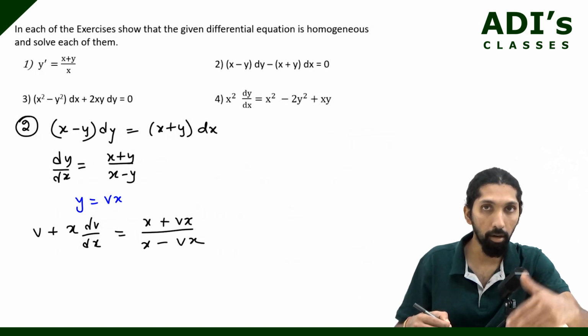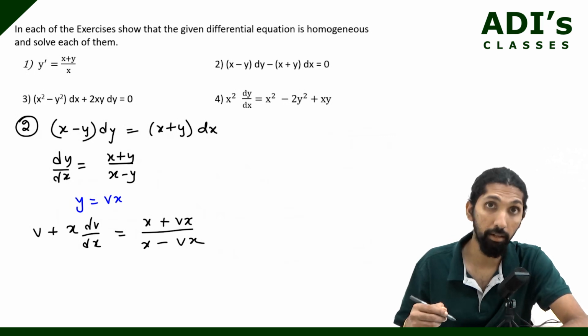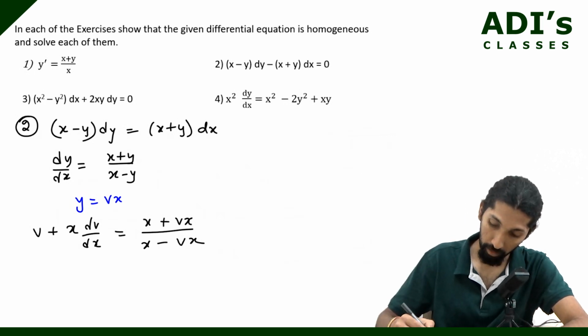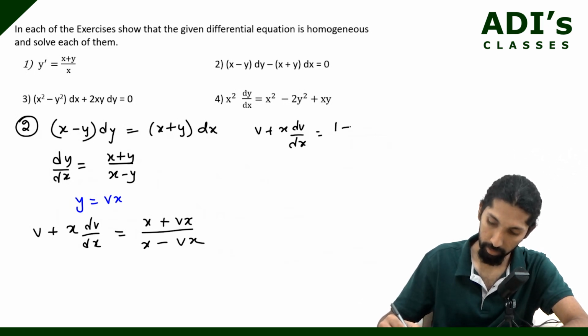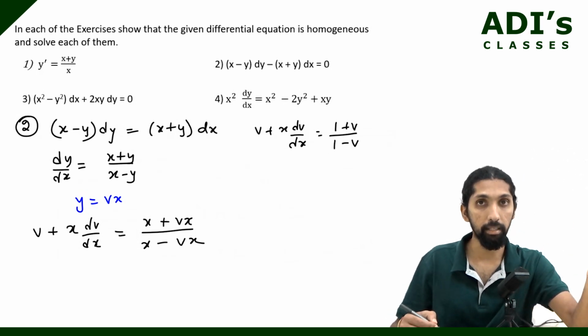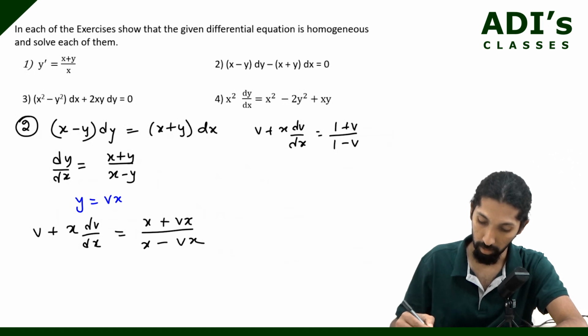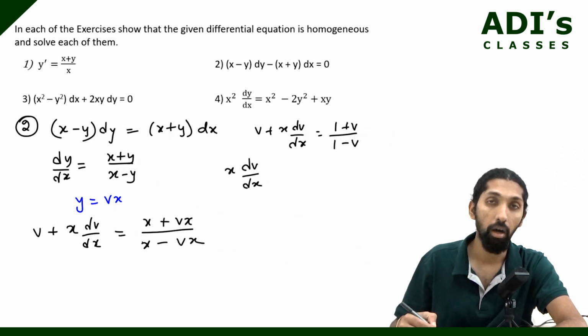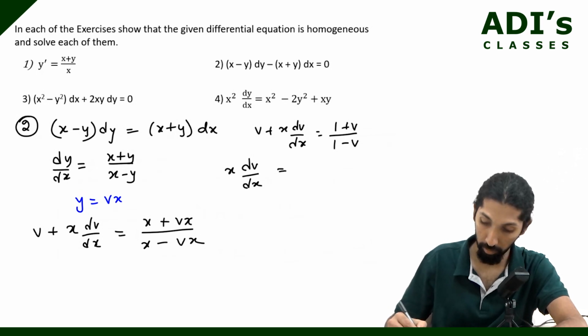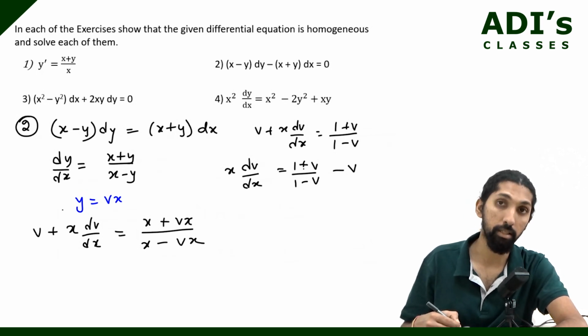Now in the numerator and denominator you can take x common, right, on the RHS. So you are going to have v plus x dv by dx, this is equal to 1 plus v by 1 minus v. Take the v to the other side. So you have x into dv by dx is equal to 1 plus v by 1 minus v, minus v.